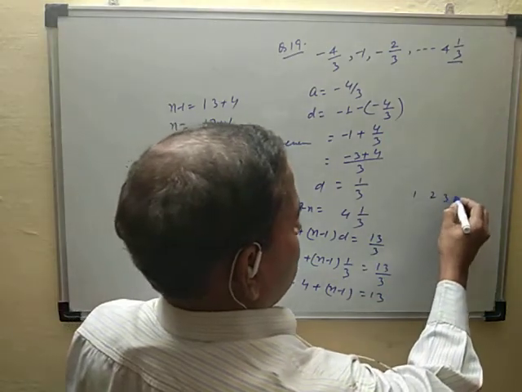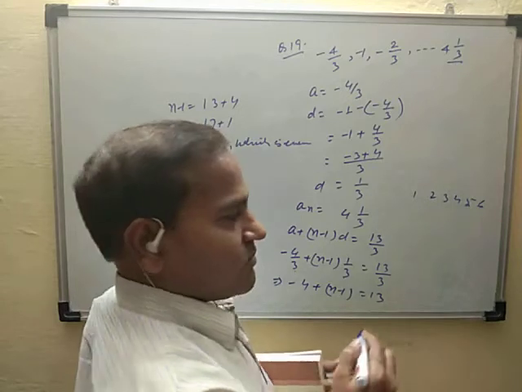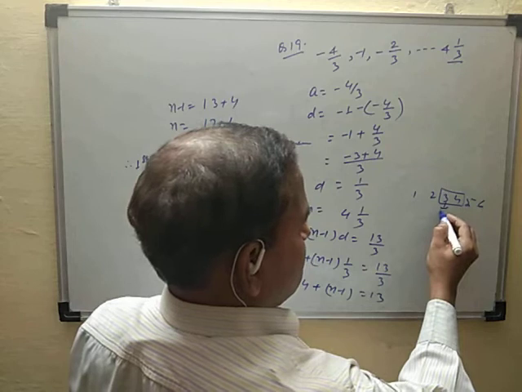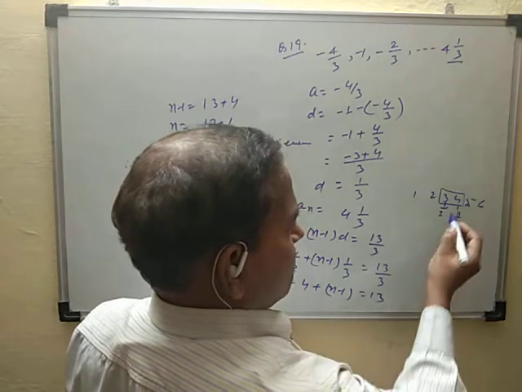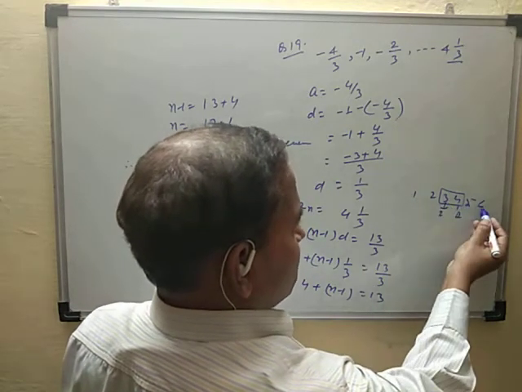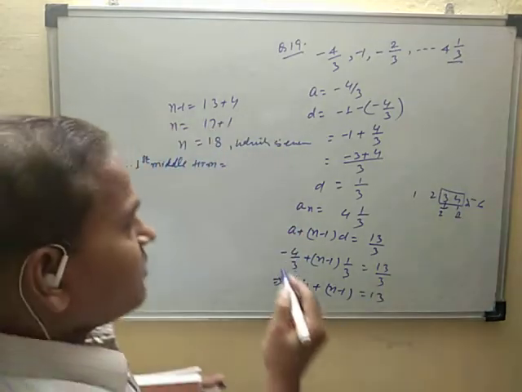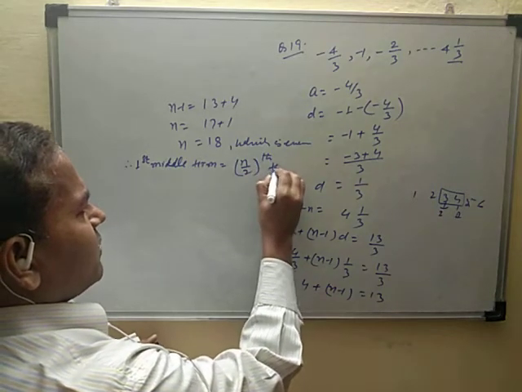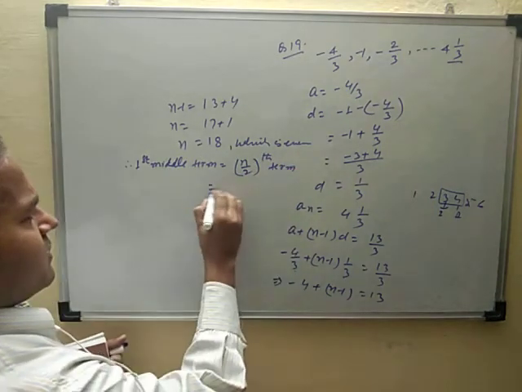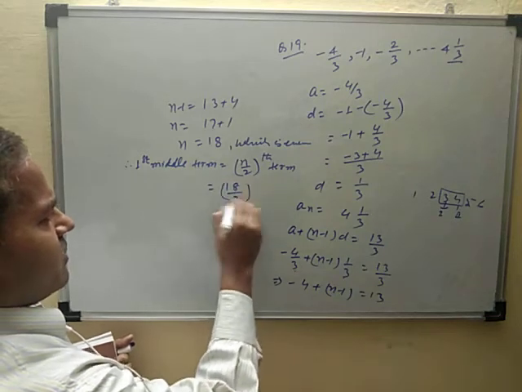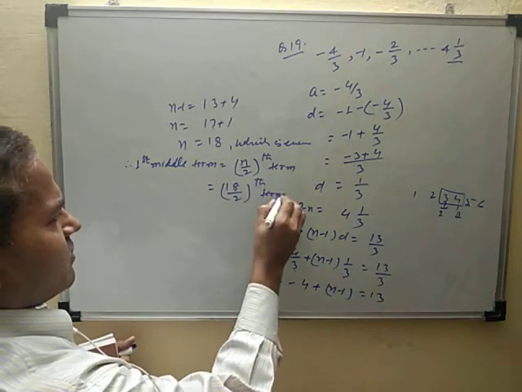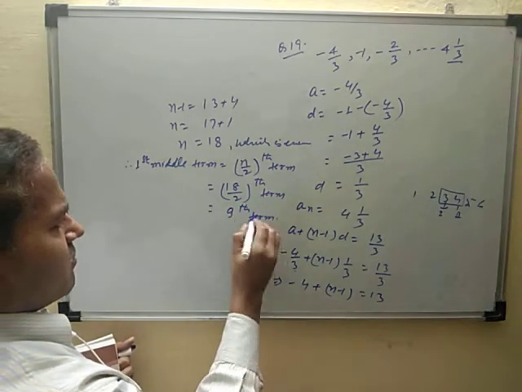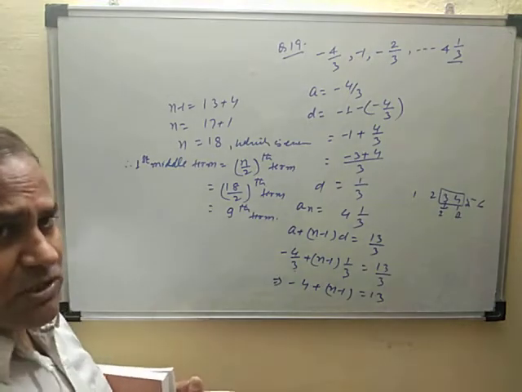Suppose there are 6 terms: 1, 2, 3, 4, 5, 6. Then what is the middle term? Here the third and fourth are middle terms. This is the first middle term, this is the second middle term. So the first middle term is 3, that is 6/2, that is n/2. So the first middle term is the n/2th term, that is 18/2th term, that is the 9th term. First middle term is the 9th term.